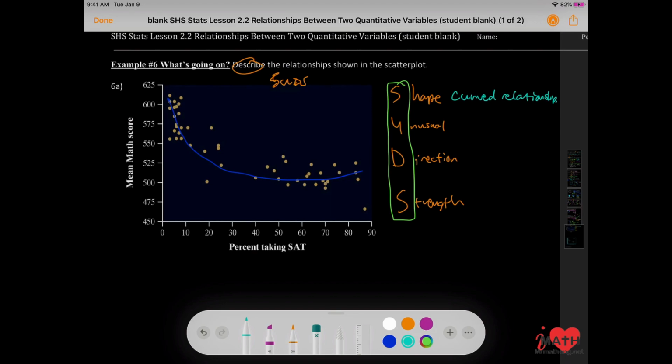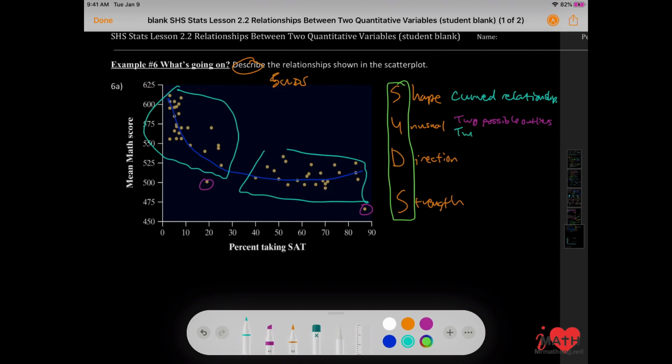Do we notice any unusuals here? You could possibly point out these as outliers. Two possible outliers. You can also note that this is kind of like in two clusters. Two clusters. That's unusual, right?